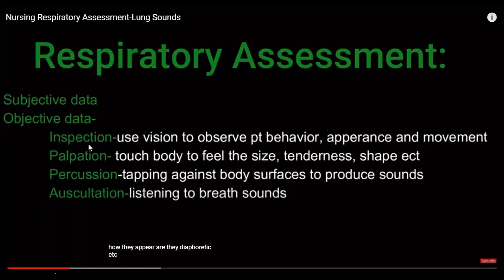Inspect means you have to observe or watch the patient's chest, anterior view and posterior view. A question may come: what do you have to see, what have you observed?